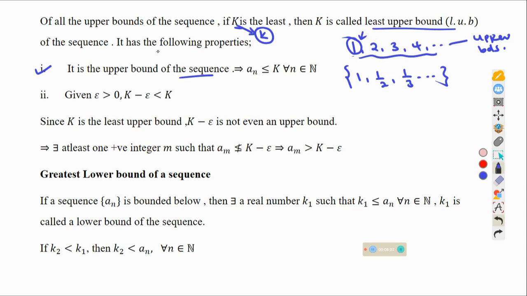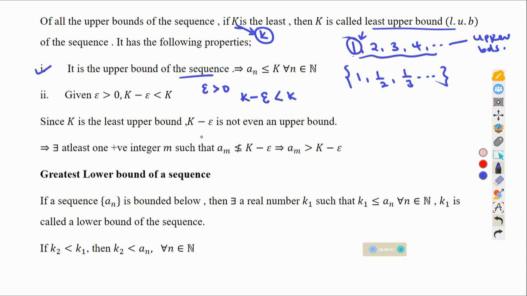So there are two properties which must be satisfied. The first one, it is the upper bound of the sequence. It must be an upper bound for it to qualify to be the least upper bound. Then again, if you have any positive number, for example epsilon greater than 0, when you get that upper bound and subtract that positive number, then it should be less than k.